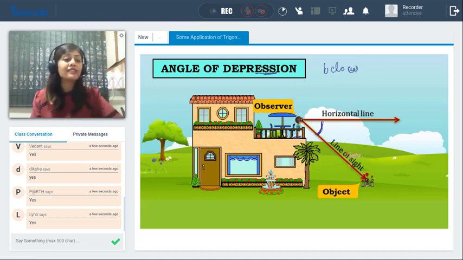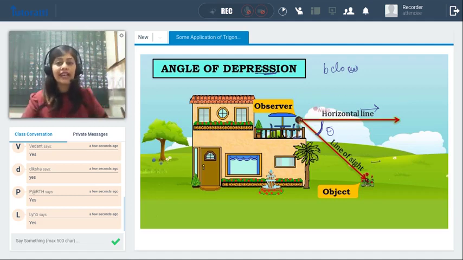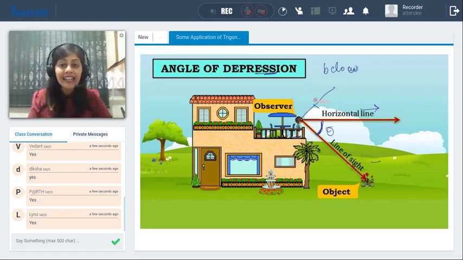So line of sight is now below the horizontal line. Again, it's the same angle theta, and the angle is again between line of sight and the horizontal line. So the only difference between depression and elevation is that elevation is line of sight above the horizontal line, depression is line of sight below the horizontal line, but the angle is always made with the horizontal line.